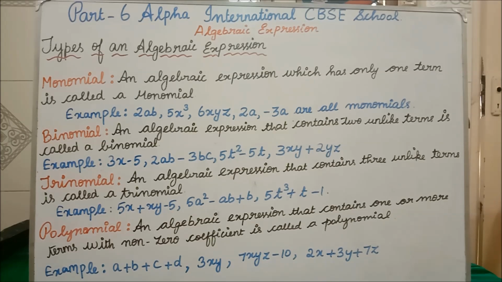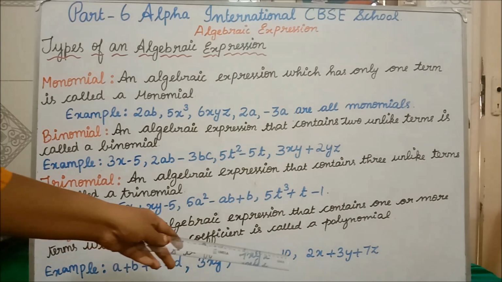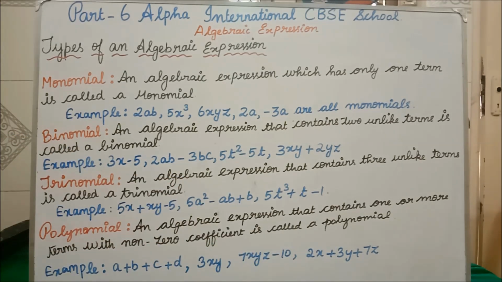7xy minus 10. How many terms are we having? 2 terms. Since we are having 2 terms, it is what? Polynomial, and also we can say it as what? Binomial. The last example is 2x plus 3y plus 7z. How many terms are we having? 3 terms. Still, we can say it as what? Trinomial, or also we can say it as polynomial. Only in the first example, a plus b plus c plus d, we are having 4 terms.